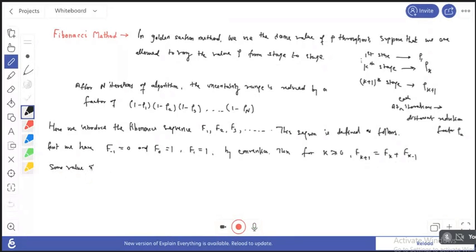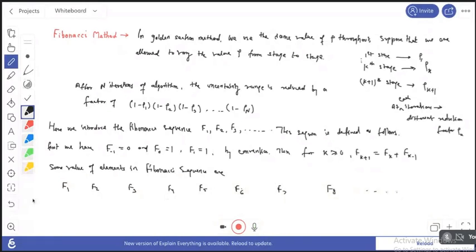So here we get some values of elements in the Fibonacci sequence: F1, F2, F3, F4, F5, F6, F7, F8, and so on.